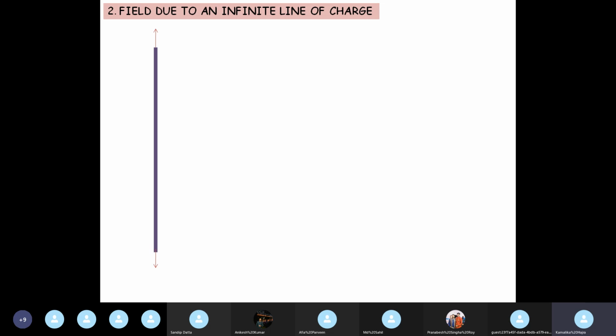So when we say something is infinitely long, we mean that the radius is very, very small compared to the length, so that the length can be considered to be infinitely large.